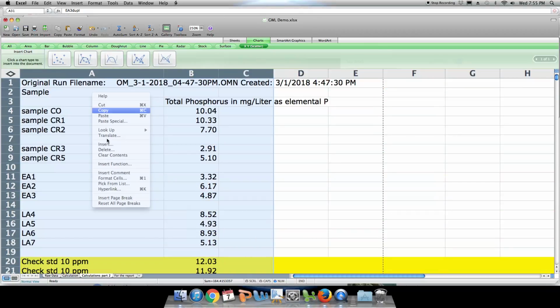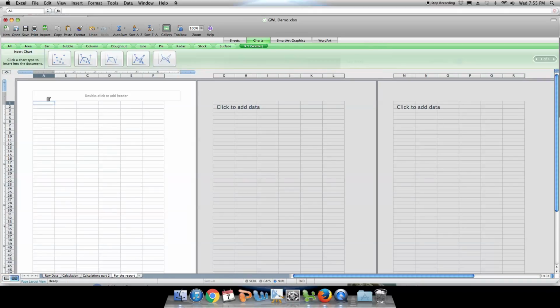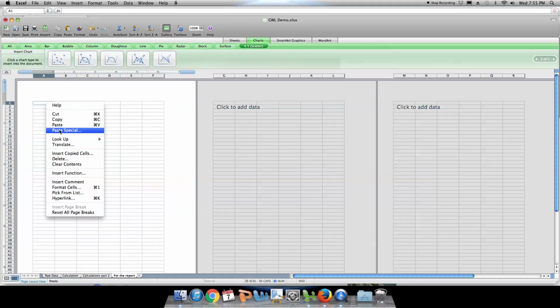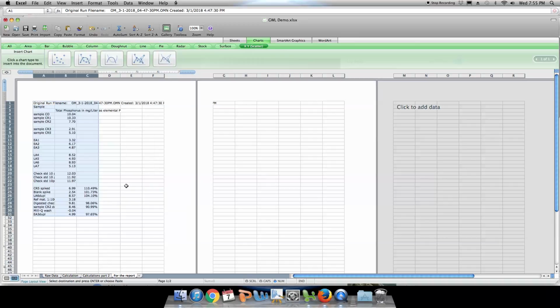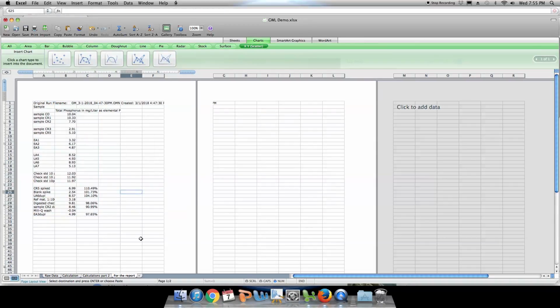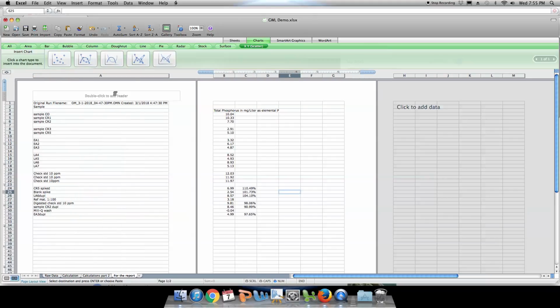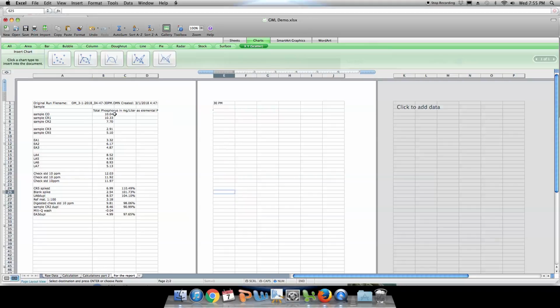And so we paste values and the number formats, and there is our final report. There is our data ready for release to the client.